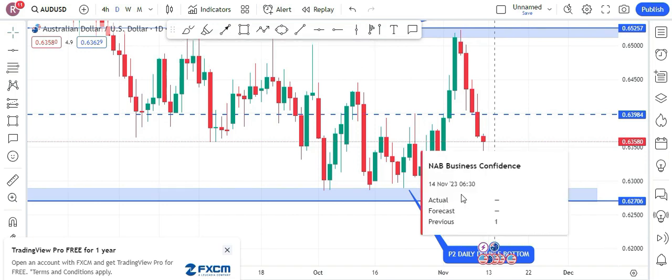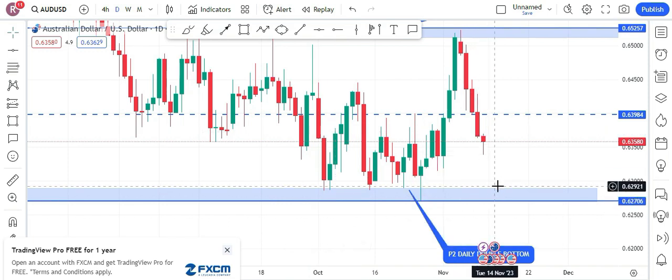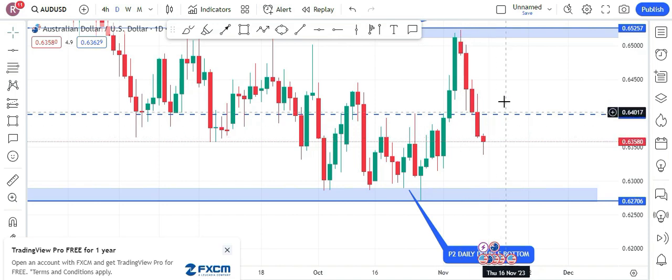And we got some news: NAB business confidence, and also we may have some Westpac consumer confidence change. These two news items in the next week when it opens may affect this.